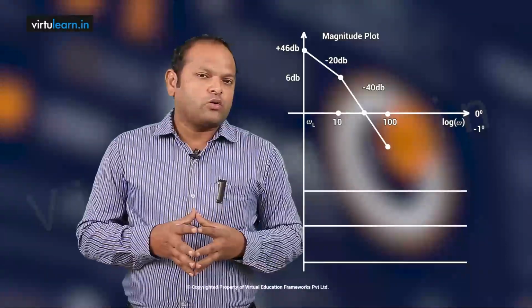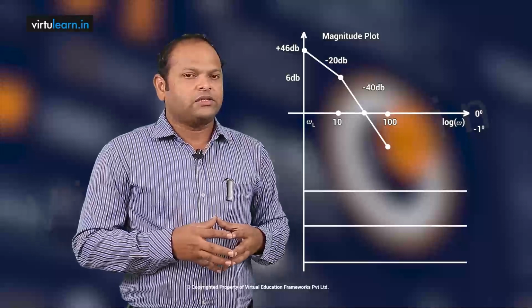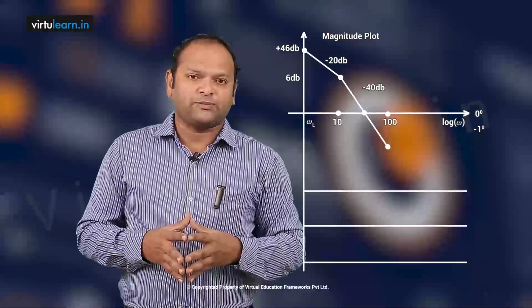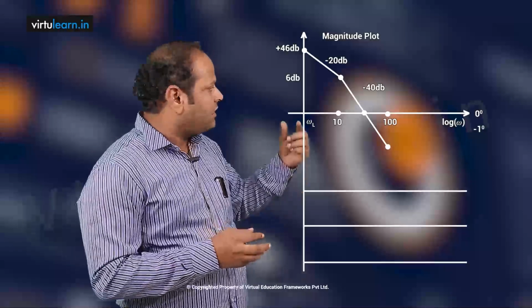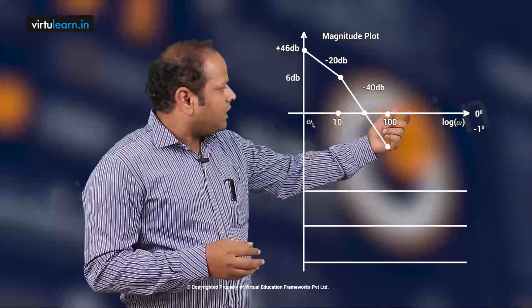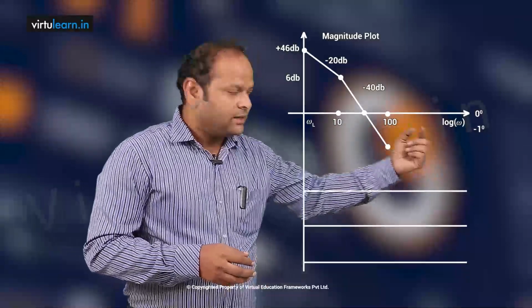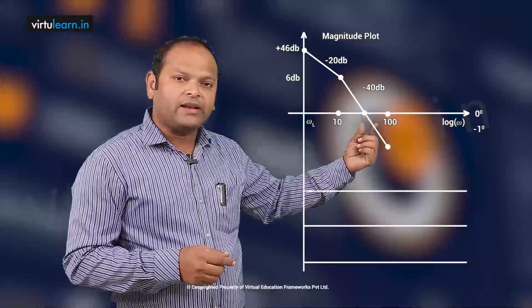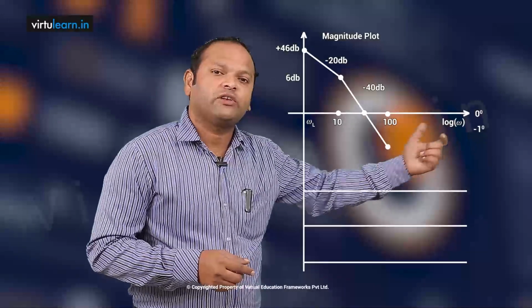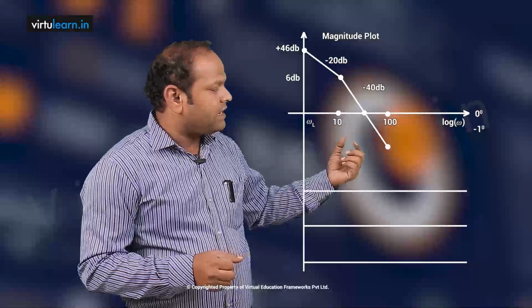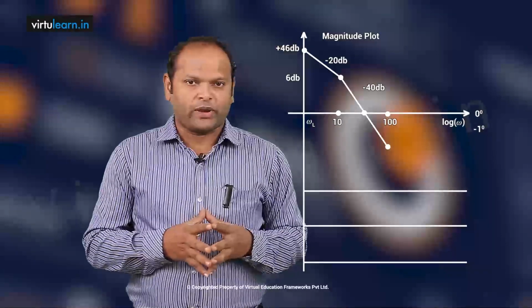So next is how to plot the phase angle. For the phase plot, we write the phase angle expression. We already have G of s, I have an s term in the denominator and 0.1 s. Therefore, for each s term there will be minus 90 degrees, and for this also we will get a tan inverse term. So what is the phase angle? Minus 90 minus tan inverse 0.1 omega.